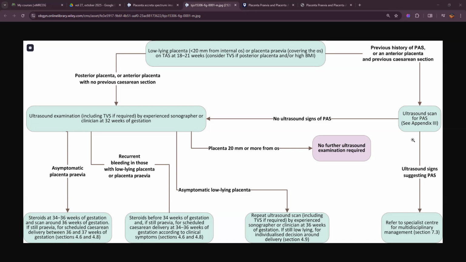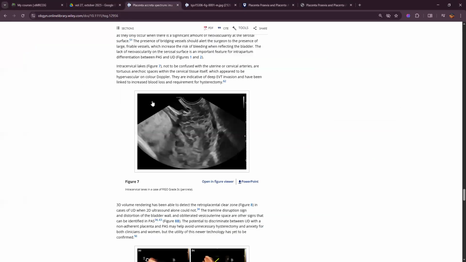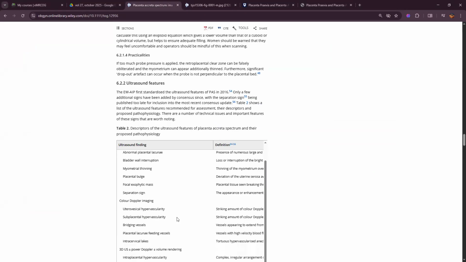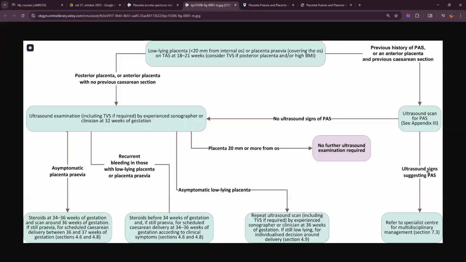I'm looking for those findings, because if it's there, I'm going to refer this patient to a specialist center. This patient is going to need management by MDT. This is our patient today. Our patient today is the one who is having a placenta accreta spectrum.